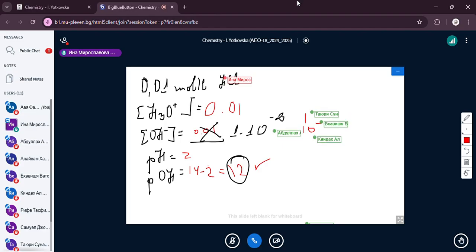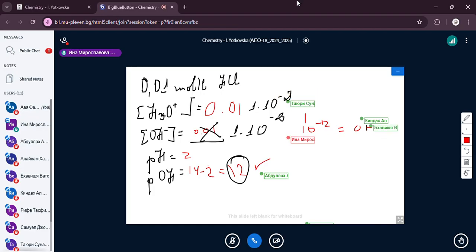The concentration of hydronium ion is 0.01, 1 multiplied by 10 raised to the power of minus 2. This is correct. Is it clear for everyone? Why is this?